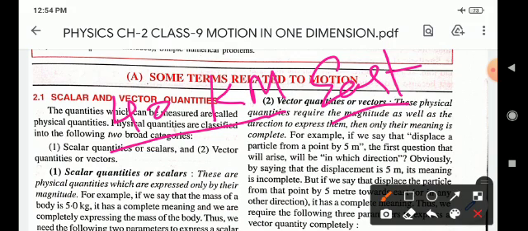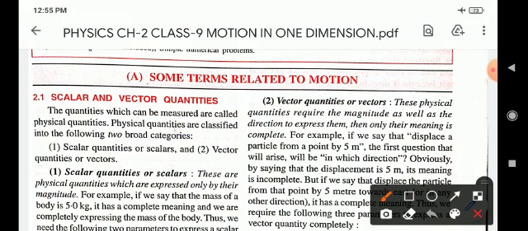It is a vector quantity because, according to the definition of a vector, it has magnitude as well as direction.